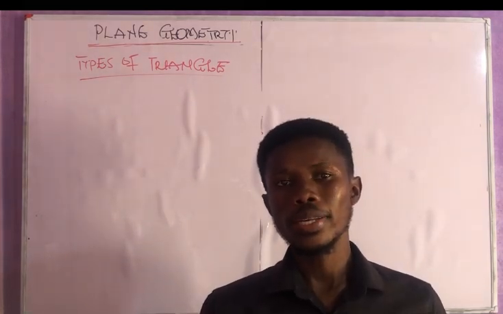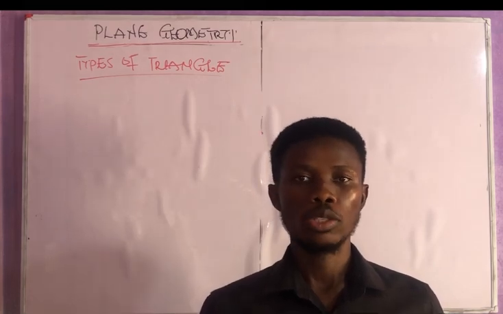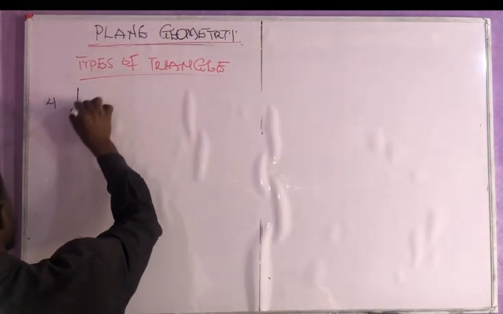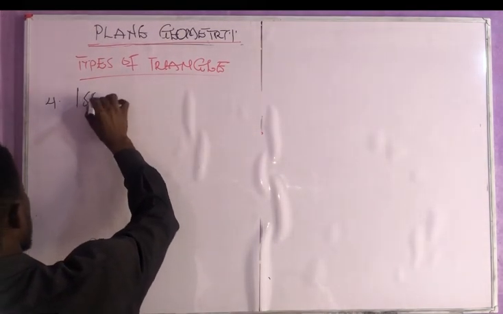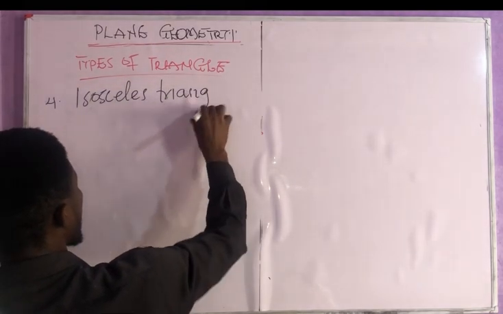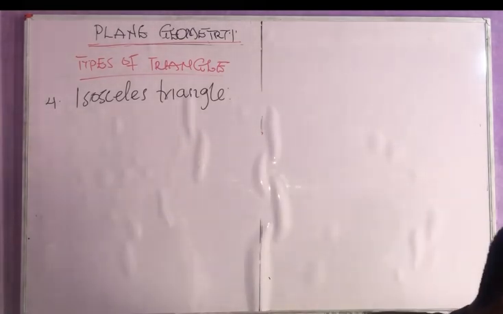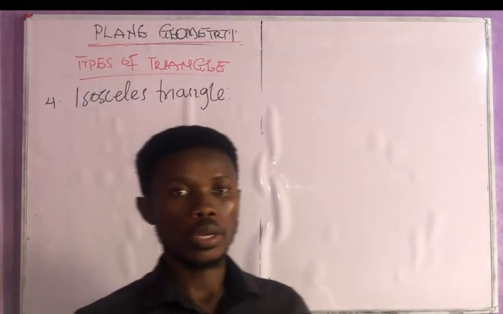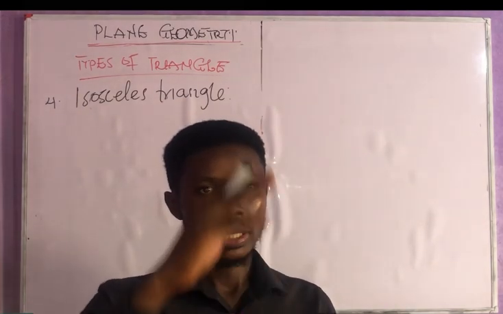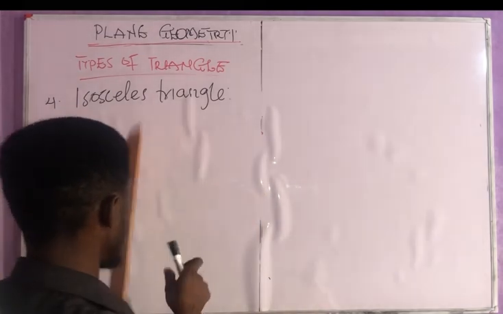If only 2 sides are equal, then we call that kind of triangle an isosceles triangle. Isosceles what? Triangle. So we are saying that an isosceles triangle is a type of triangle in which the base angles are equal and the 2 sides are also what? Equal. So now let's look at how it looks.